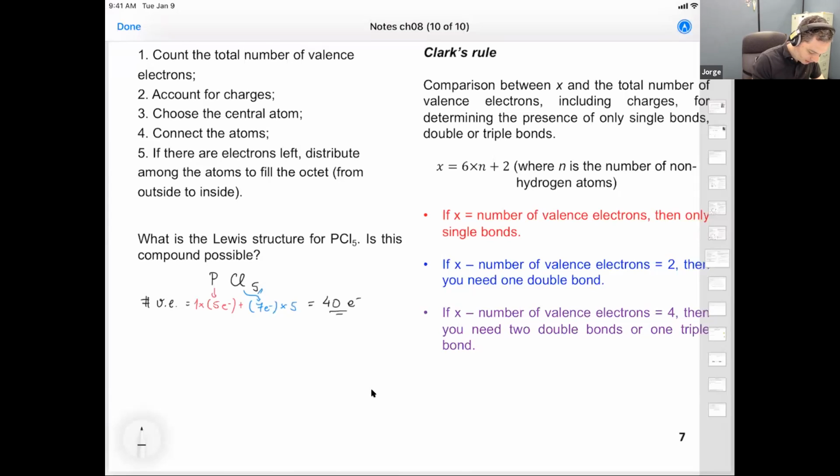So for this case, we have phosphorus as the central element, and we are going to surround phosphorus by 5 atoms of chlorine. It doesn't matter where you place the atoms of chlorine at this point, so I'm going to arrange them in a random spatial position here.